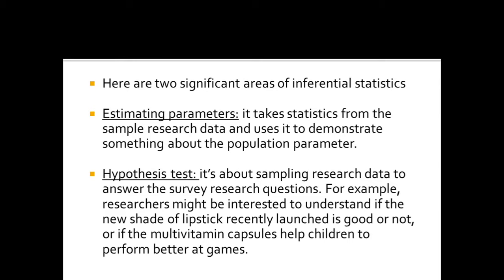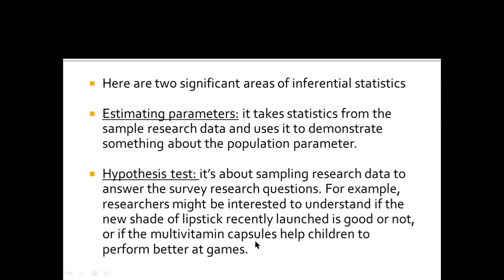So, if you want to demonstrate how the sample data demonstrates something of population parameter, for estimating the parameters, you will use inferential statistics. Of course, for hypothesis testing also. We'll anyway give a lot of descriptions on them.